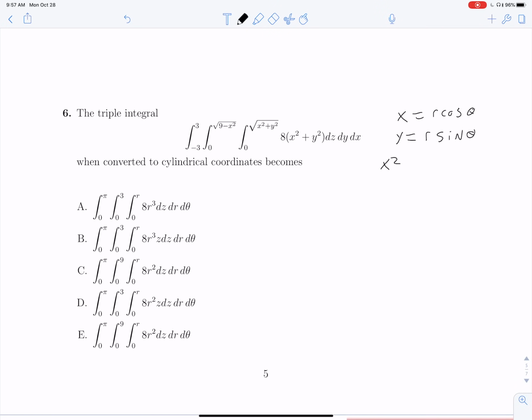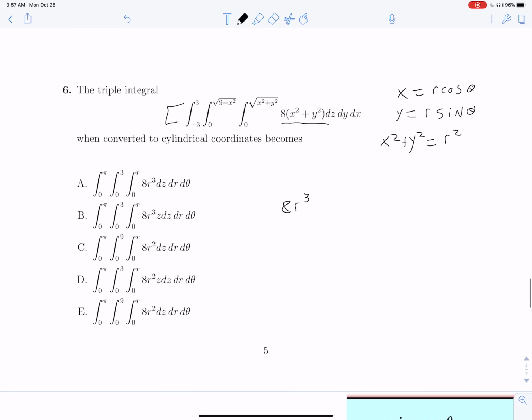And we know that x squared plus y squared equals r squared. So we see that our integrand here is 8r squared, but we also have to remember that whenever we're converting a rectangular or Cartesian integral into cylindrical or polar, we have to multiply by r. So we're actually going to have an r cubed in there.